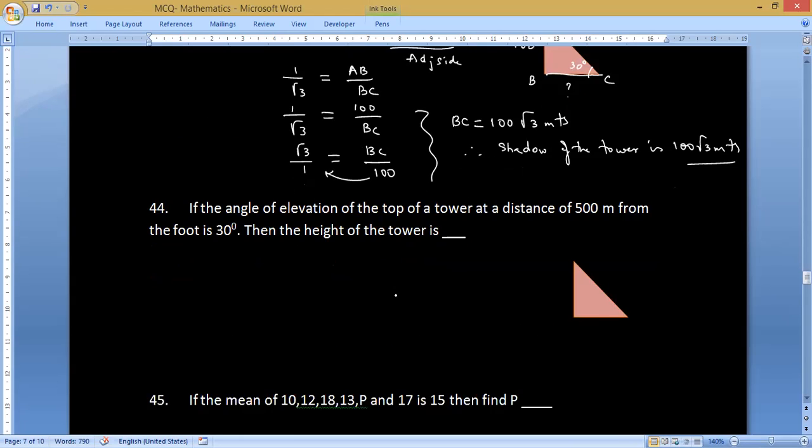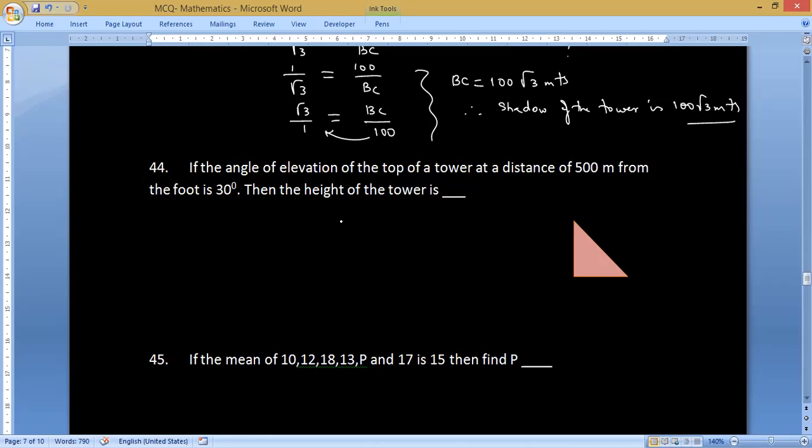So the next question is: if the angle of elevation of the top of a tower at a distance of 500 meters from the foot is 30 degrees. Same as before, we'll assume A, this as B, this as C. So this is 500 meters. He's asking to find the height of the tower. We don't know the height of the tower, so we'll assume the height of the tower as x.